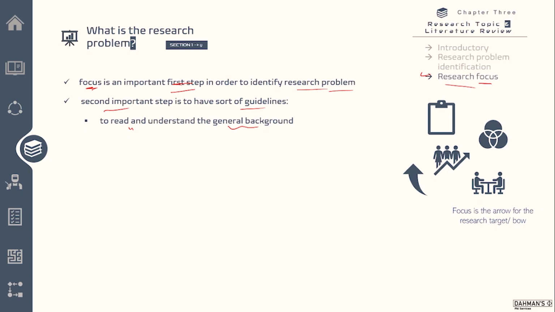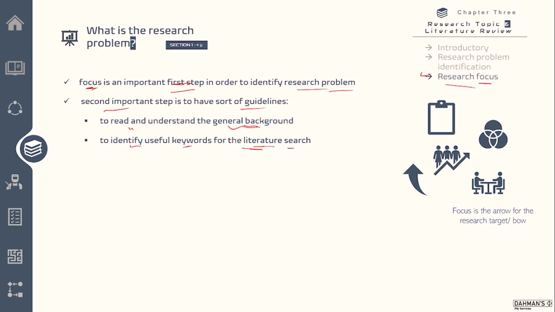If you are a programmer and you are using, for example, X programming language, you must understand the general background about programming in general, and then in particular the background of the programming language X that you are using, and then you start to narrow it down until the focus is centered around the problem that you are trying to find a solution for. Next thing, you have to identify useful keywords for the literature research.